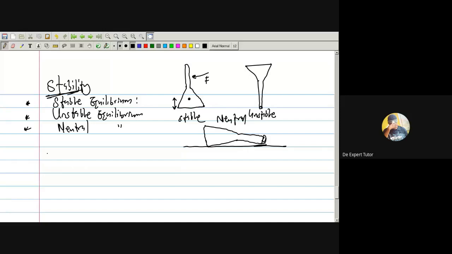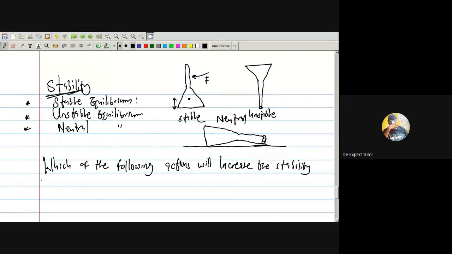Okay, if there's no question, let's all answer this question. Which of the following actions will increase the stability of a body?